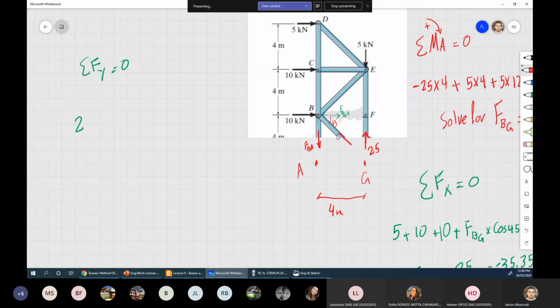See, we have to be organized with this side. The value we got there, 35.35, and compression, we agree. And we've got 25 compression here. So going back here, sigma Fy equals to 0. 25 going up, positive. And the only negative force here is -5.